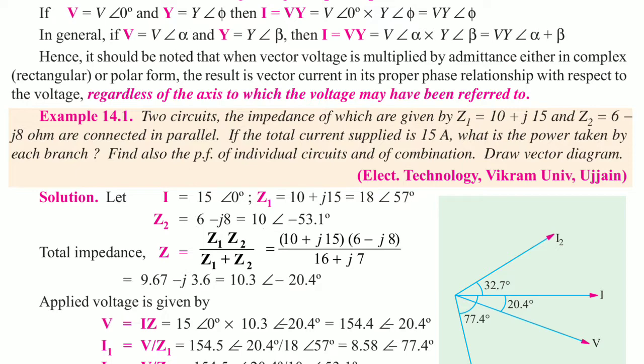Two circuits, the impedances of which are given. That is, Z1 is equal to 10 plus J15 and Z2 is equal to 6 minus J8 ohms, are connected in parallel.